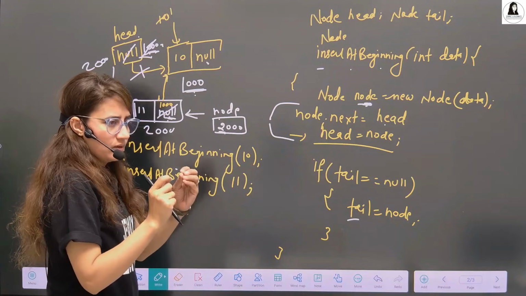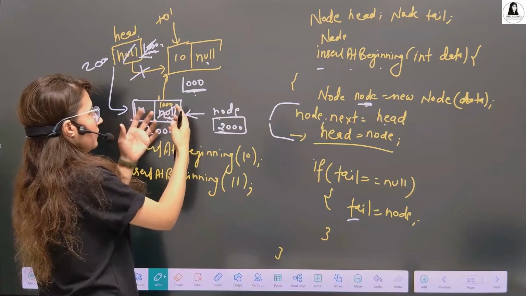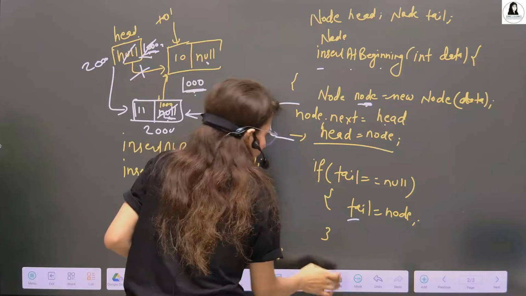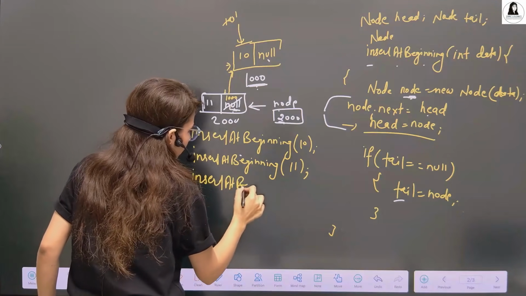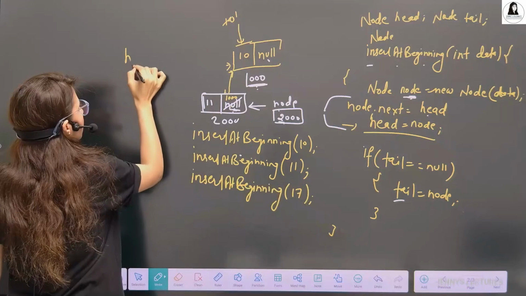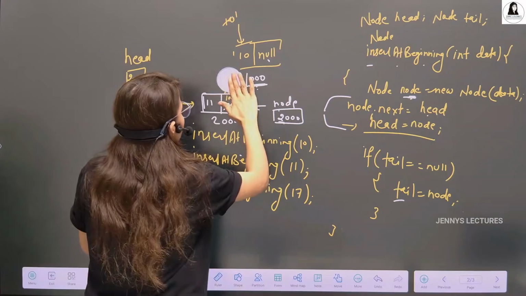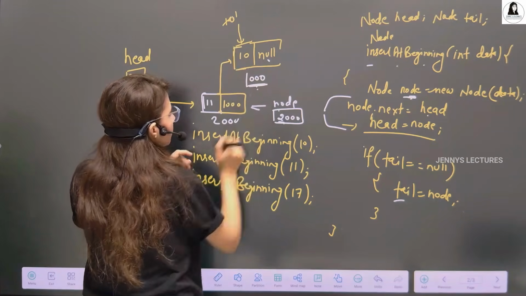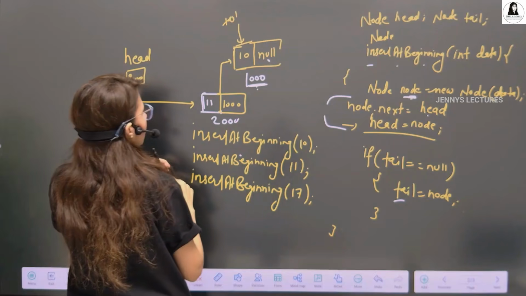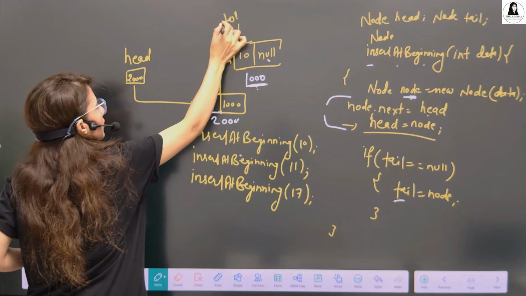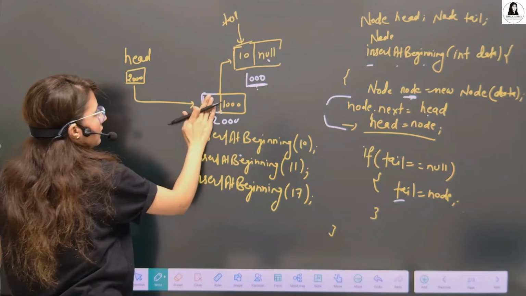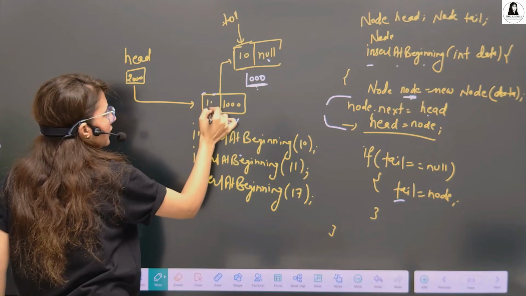Let's try to run this for adding a new node. Let's see what happens. Now this is my list. Tail is pointing to this only. First we have 11 and next we have 10.